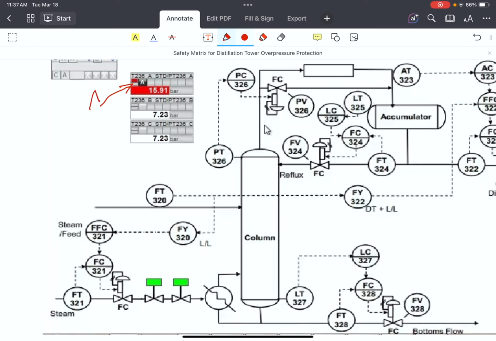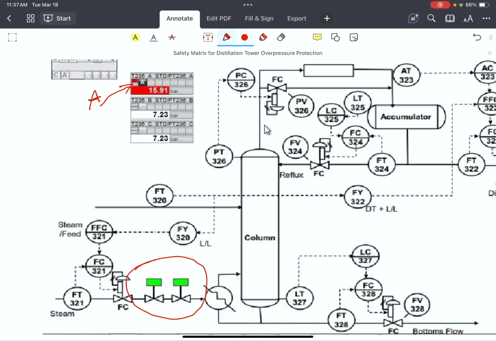For transmitter A in this slide, we have overpressure, but you can see that it doesn't meet 2 out of 3. Valves are operating properly. So the reading in transmitter A may be a wrong reading, and it requires attention.